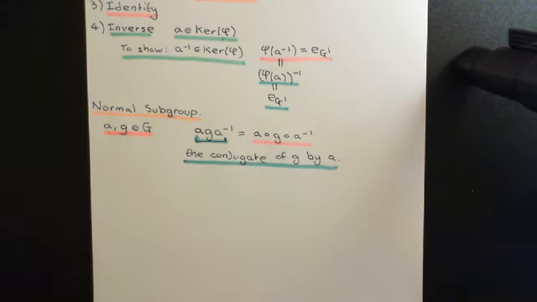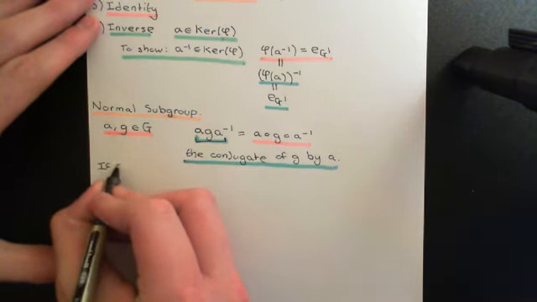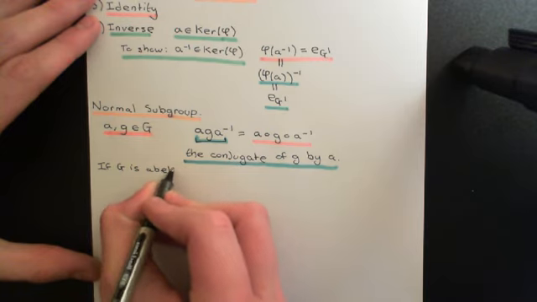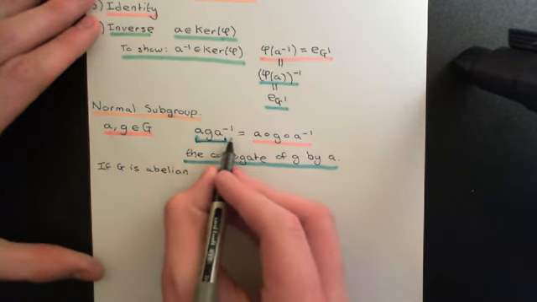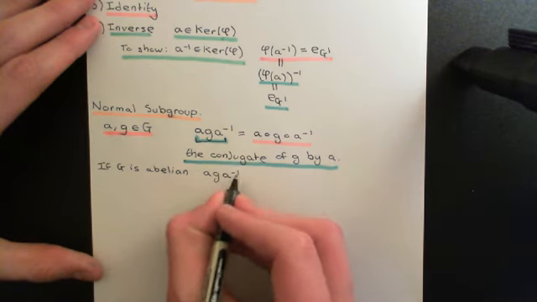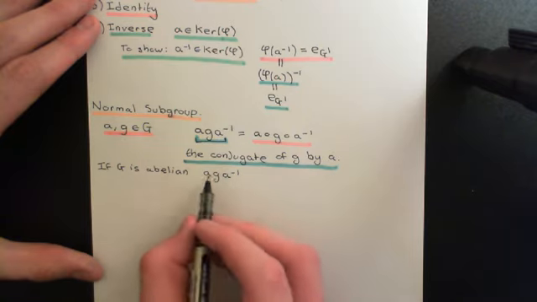Okay, right. Now, something to bear in mind is that if G is abelian, then no matter what little a and little g you pick, this is totally pointless really. Because if the group is abelian, then all elements in an abelian group commute basically.